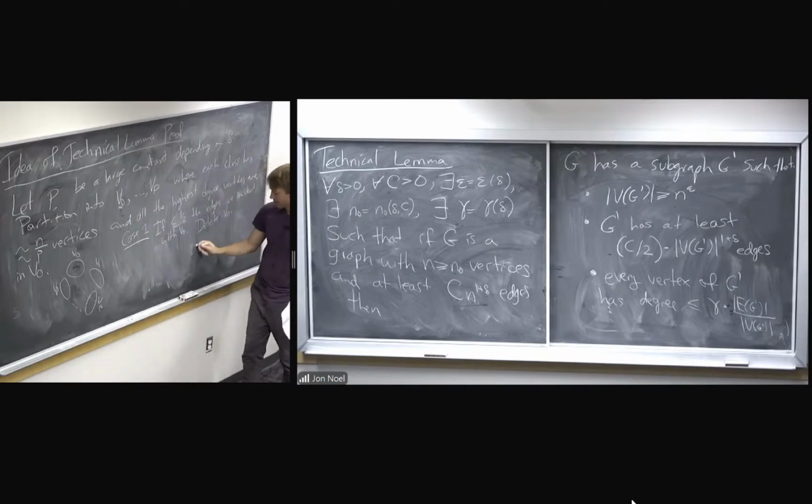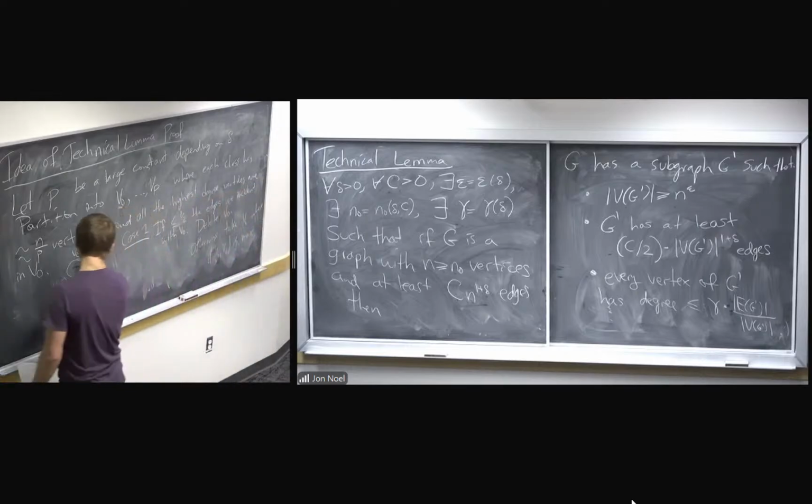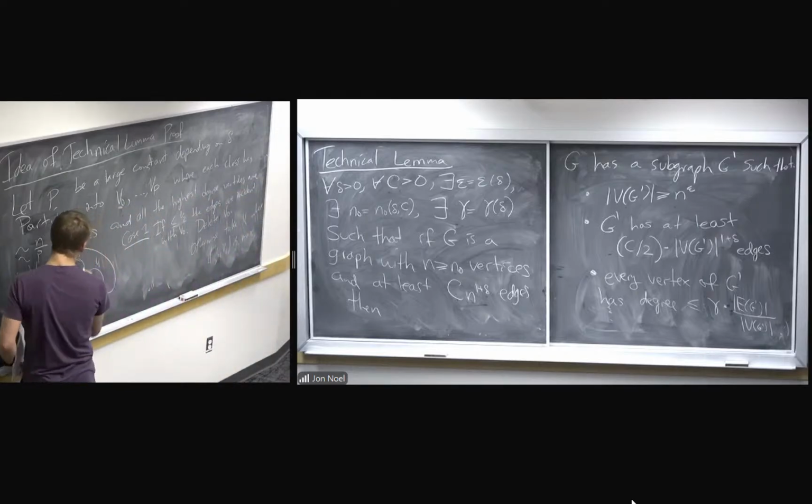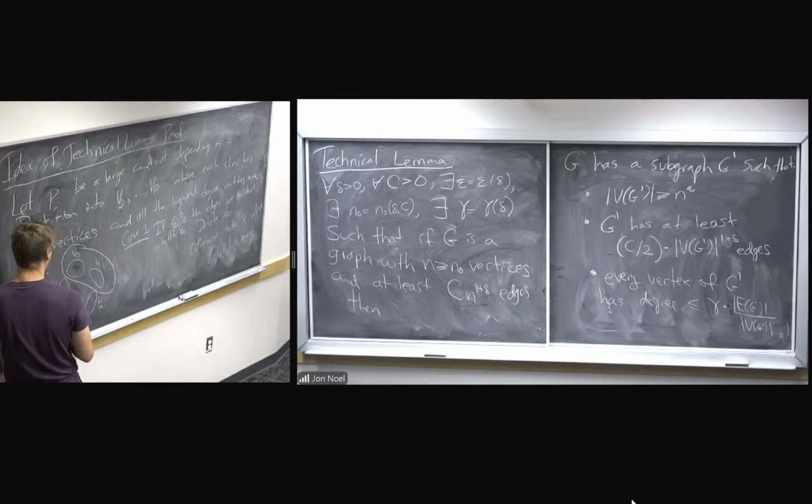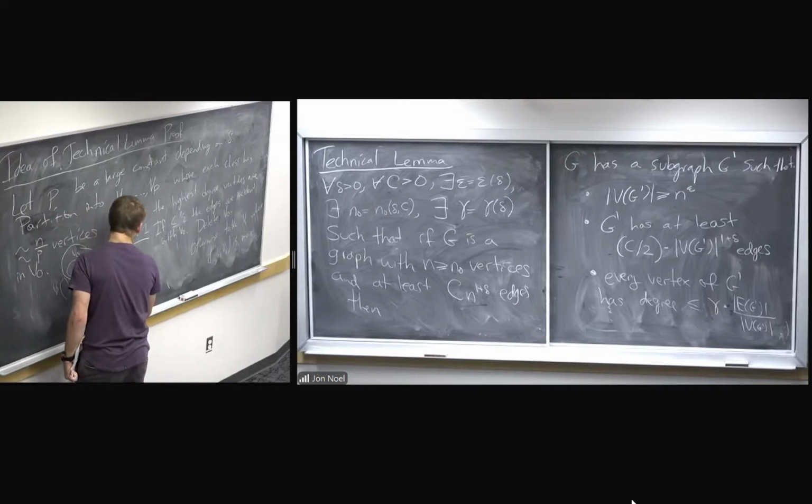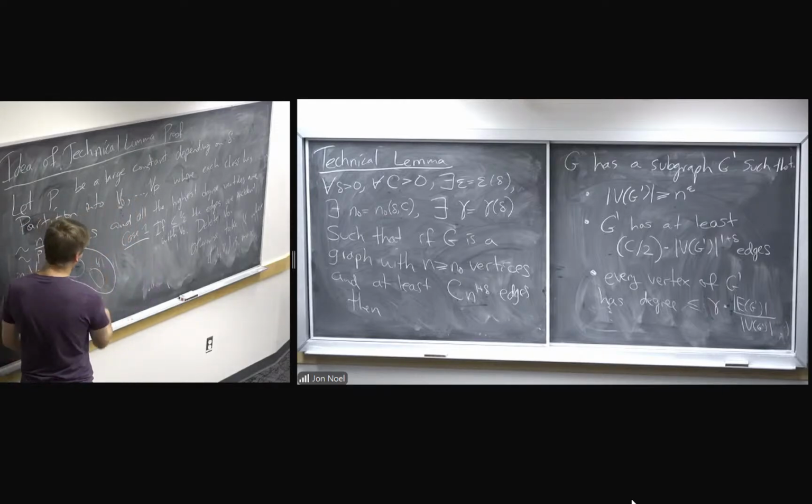Otherwise, take some Vi where the number of edges between V0 and Vi is maximum. So maybe it's V0 and V1, for example. And then delete everything else and just keep that pair.